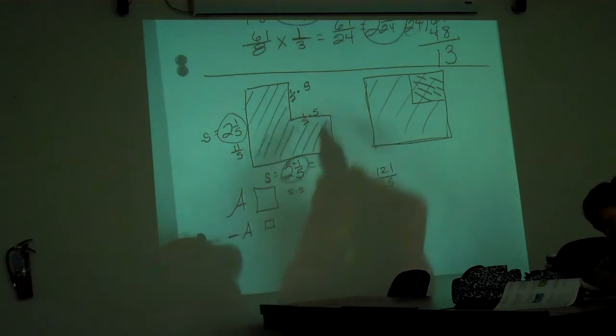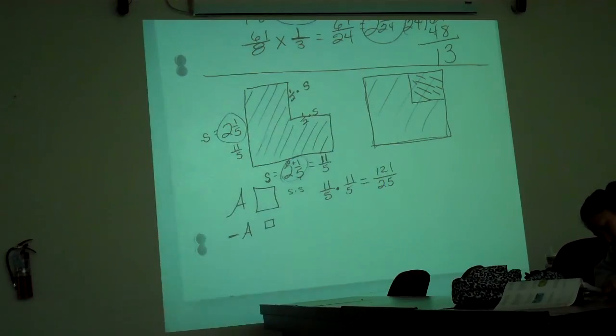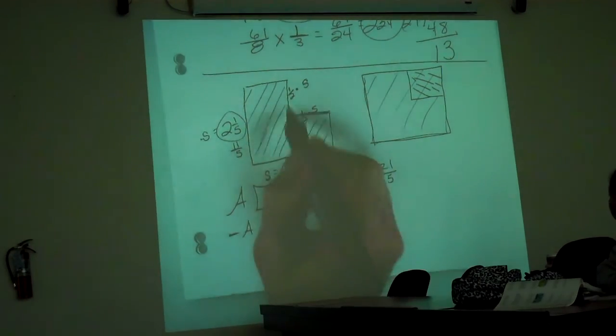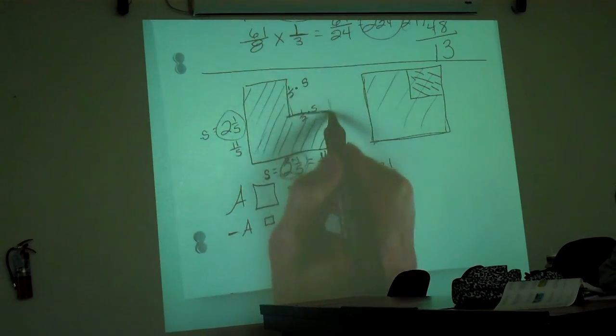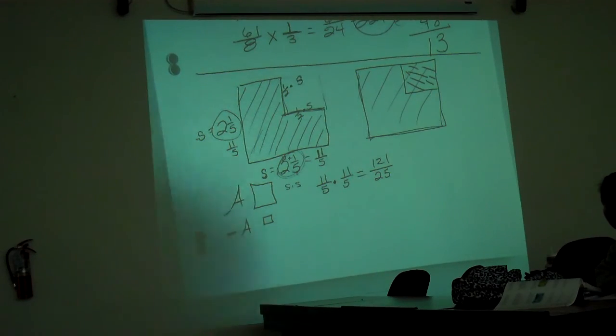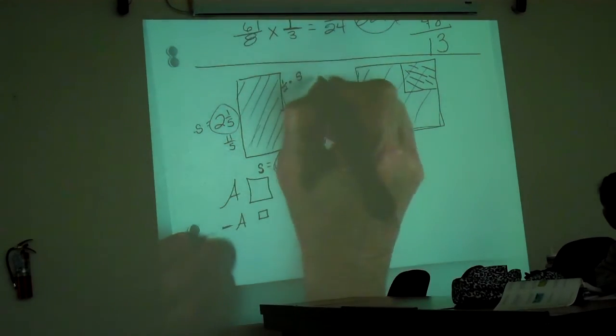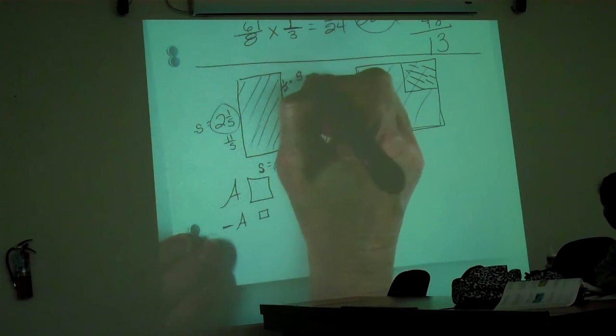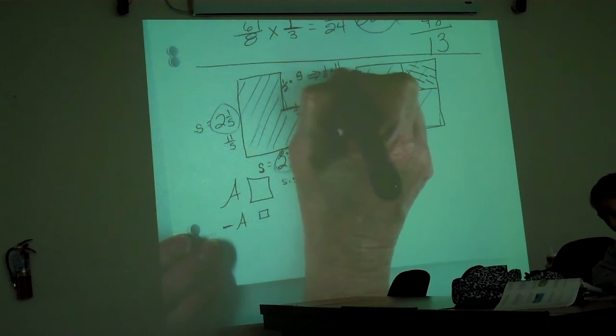Now to do the little square, it's still going to be side times side. This side times this side for the little square. But that side is 1/2 of 11/5. We need to times 1/2 times that. So, let me see, we should do it right here. 1/2 times 11/5.